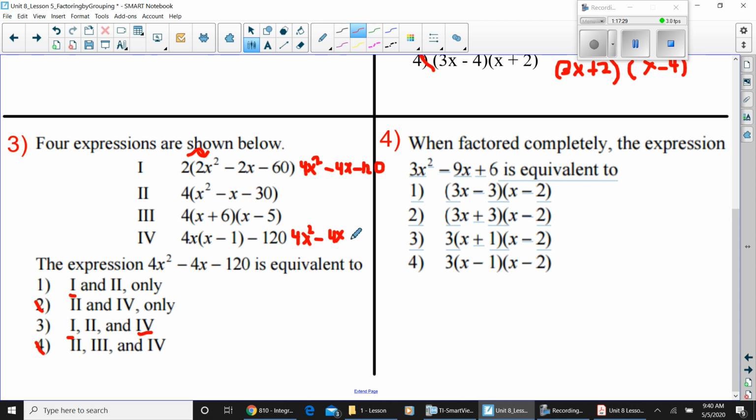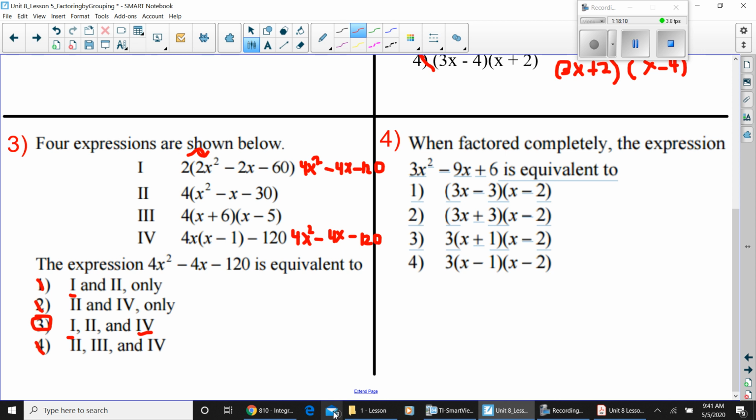And this minus 120 just gets put there. I didn't originally think that that worked, but it does. So 4 works. I'm not even going to try number 2 because I don't need to. 4 is an answer, so 3 is your answer.